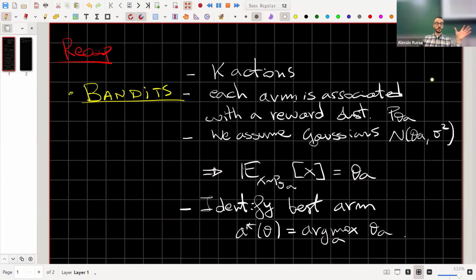We are studying multi-arm bandit problems now. Bandit problems have k actions. Each arm is associated with a reward distribution, p theta a. A is the action, theta is the parameter of the problem.